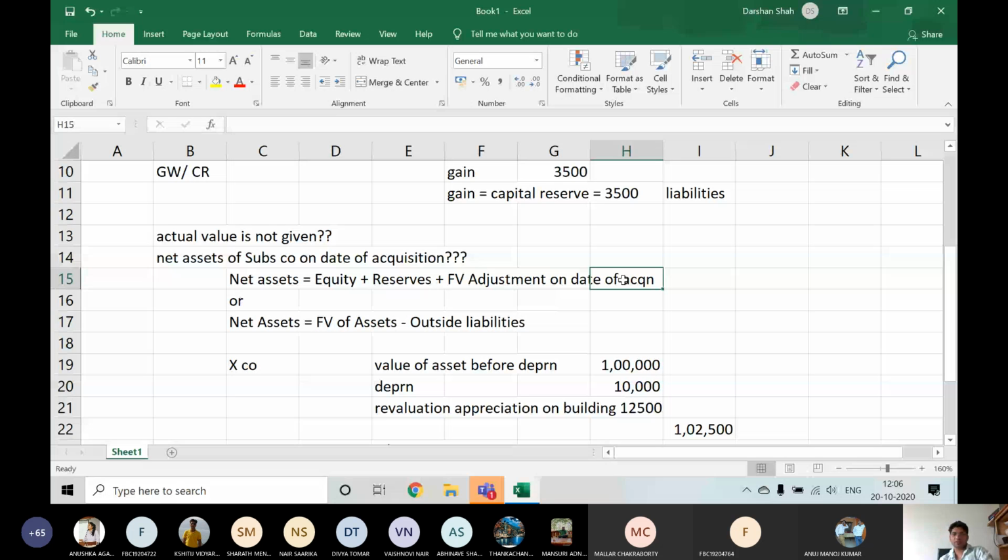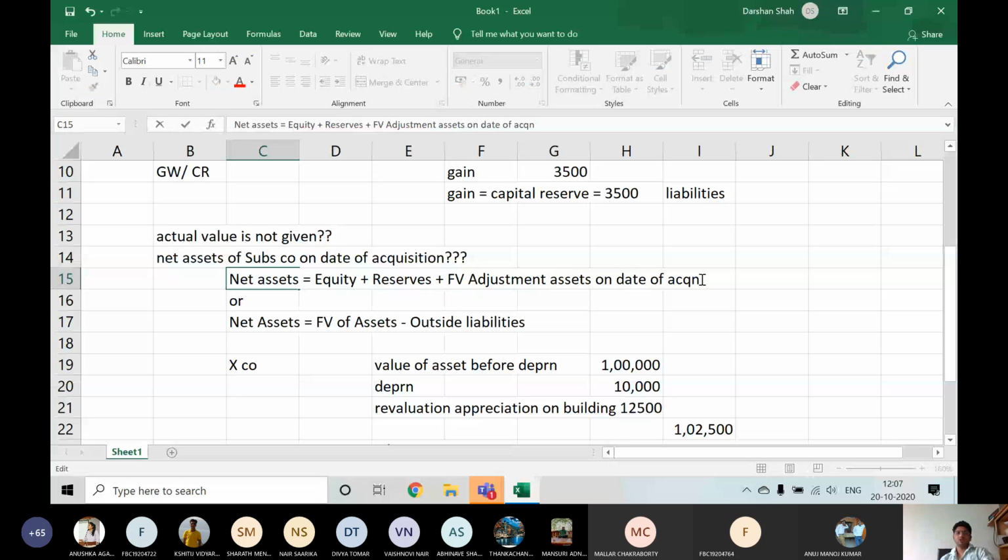Depreciation तो year end adjustment है. So depreciation is just an example. It is not always going to be depreciation. So equity plus reserves plus fair value adjustment of assets on date of acquisition will be the net asset of subsidiary company on the date of acquisition.